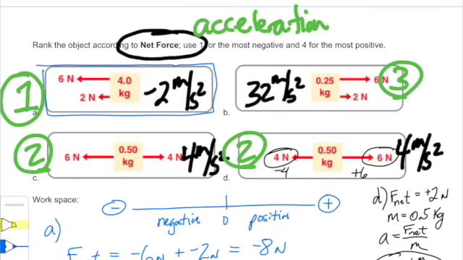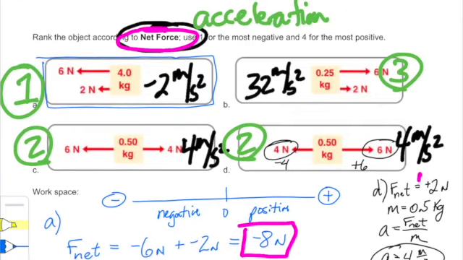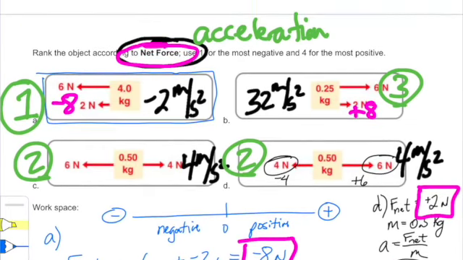Acceleration is in green. Let's do force in pink. So my net force is -8, +8, -2, and +2.